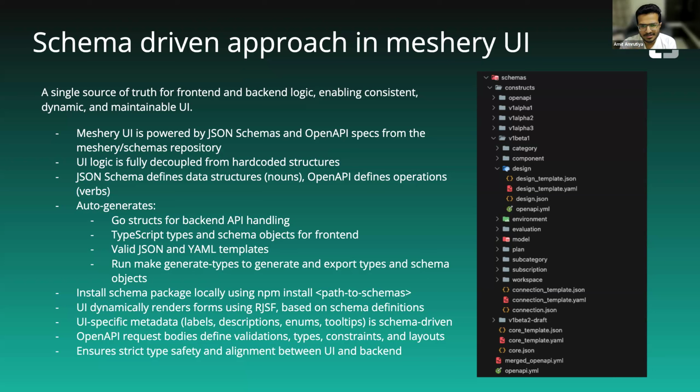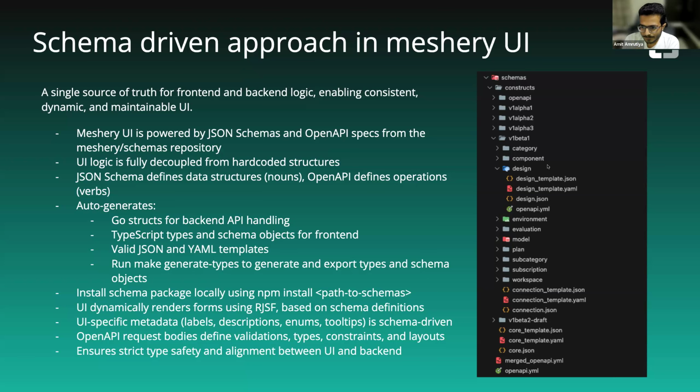So we have to define it in the JSON schema, and you can see here the file structure for the schemas repo, where you have the schemas constructs. These are the core constructs, and we have some versions like v1alpha1, v1alpha2, v1alpha3. We are following a Kubernetes sort of versioning. So v1beta1 was the latest version, in which we define some JSON and YAML files.